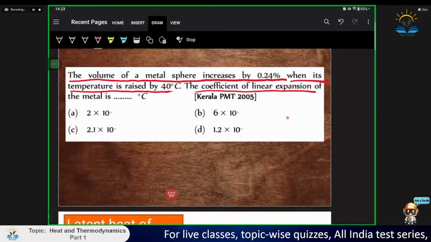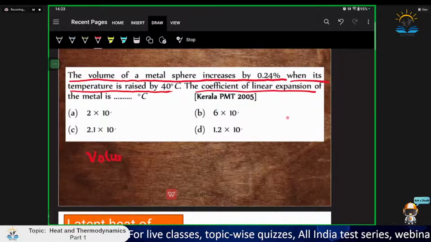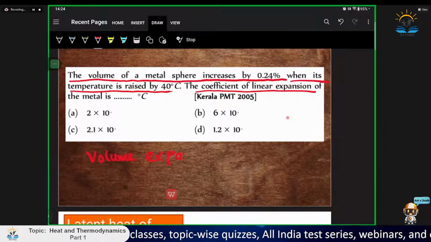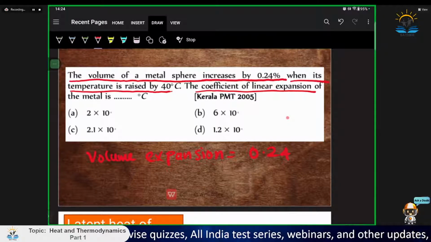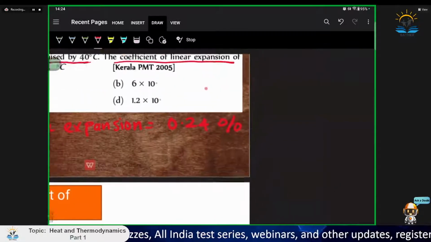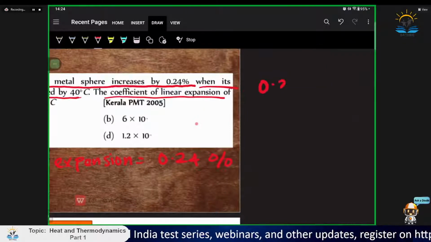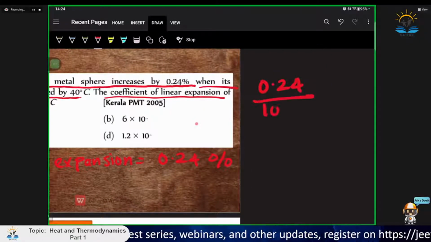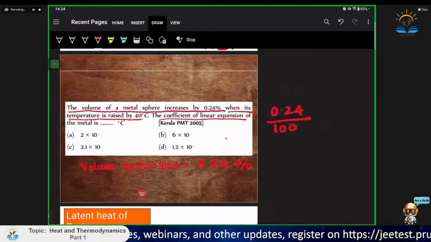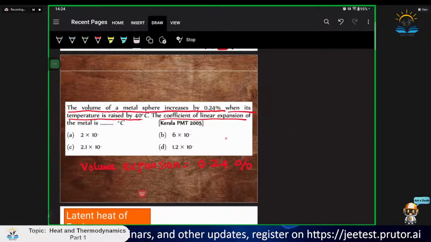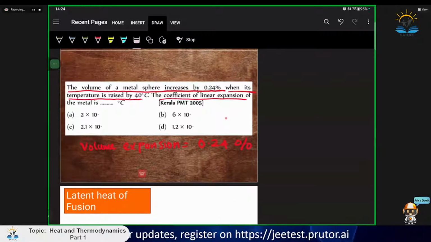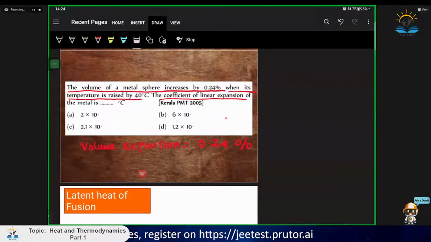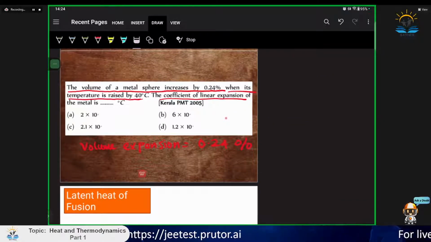Volume expansion is given, and it is 0.24 percentage. We can write 0.24 percentage as 0.24 by 100. I hope you already know. Next is the coefficient of linear expansion. So they are asking the coefficient of linear expansion instead of volume expansion.